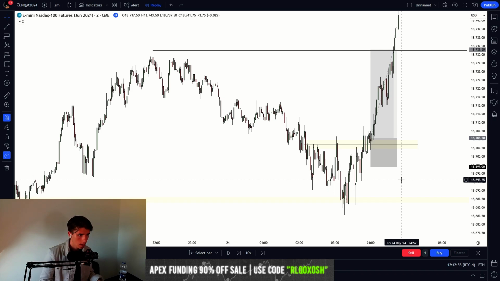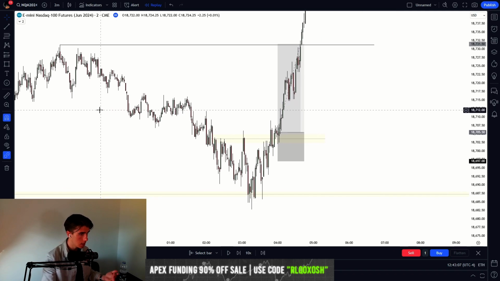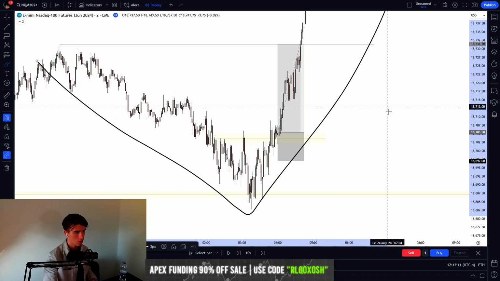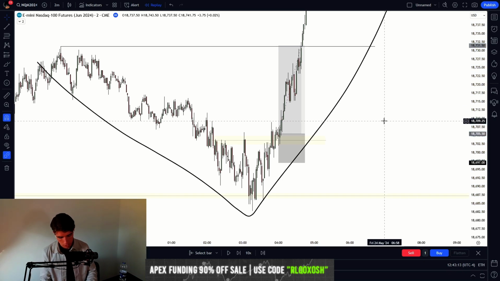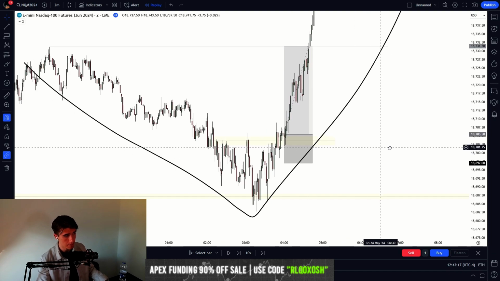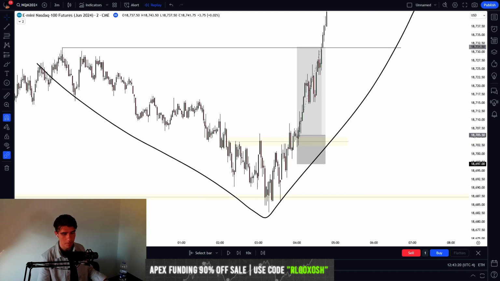They're not actually that difficult to understand. You're just looking for V shapes. That's probably the easiest way I could describe a market maker model, because it does look like a V shape here. And so that's probably the simplest explanation of a market maker model.